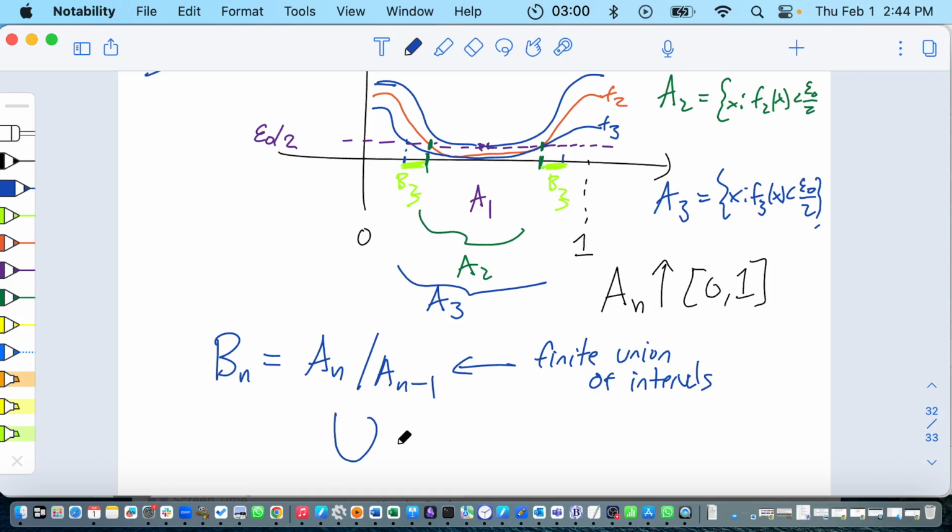So the union from n equals 1 to infinity of B_n is the entire domain of the functions. In this case, I'm pretending it's [0,1]. I think in the textbook they just say some interval, maybe they say [a,b], but we'll just pretend it's [0,1]. And the B_n's are disjoint, by the way they're constructed, and that little dot means disjoint. And that is our setup.